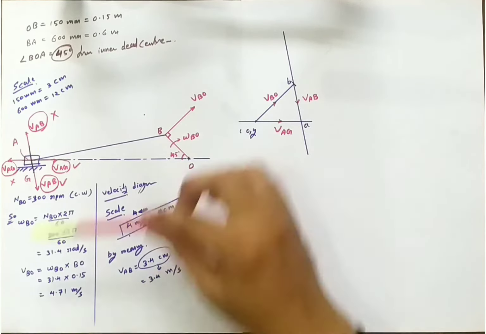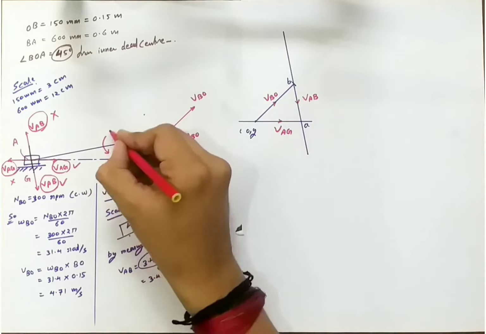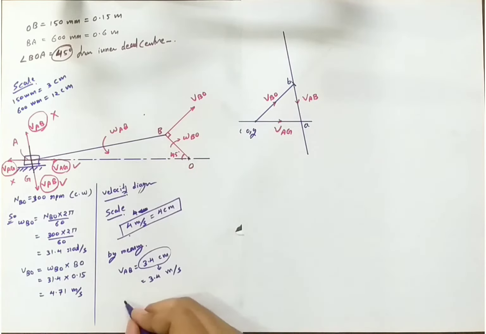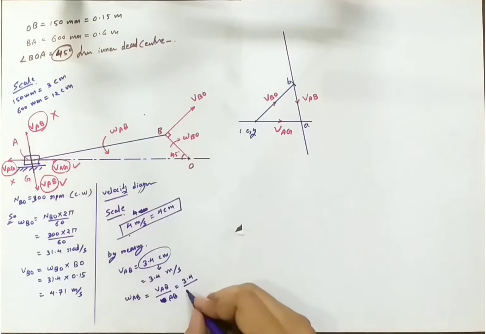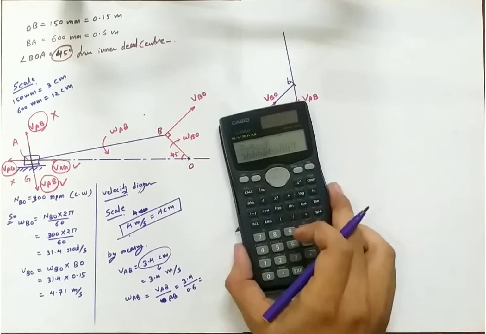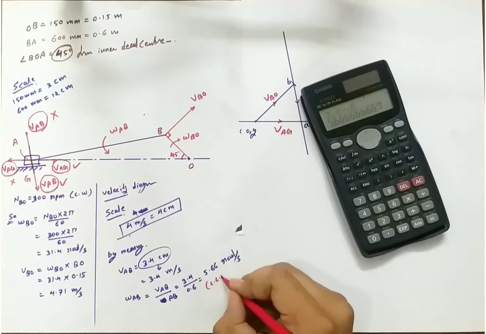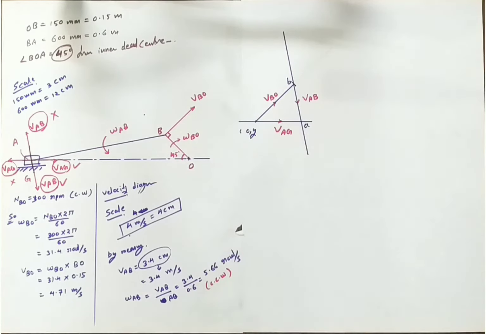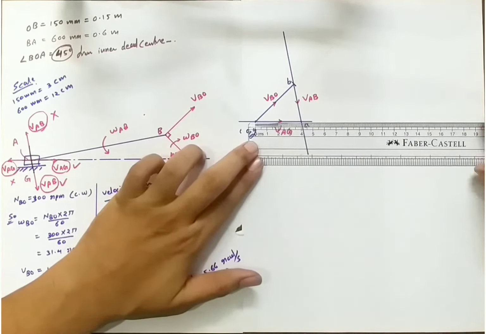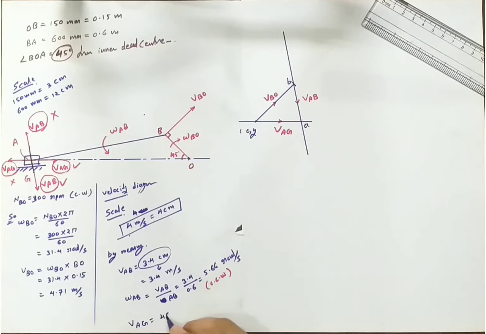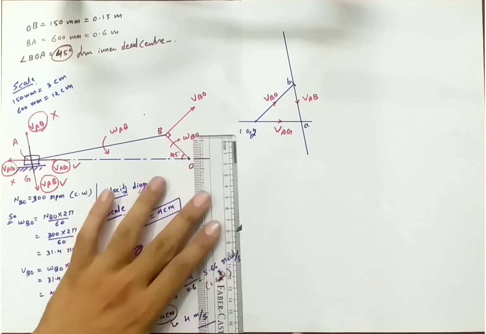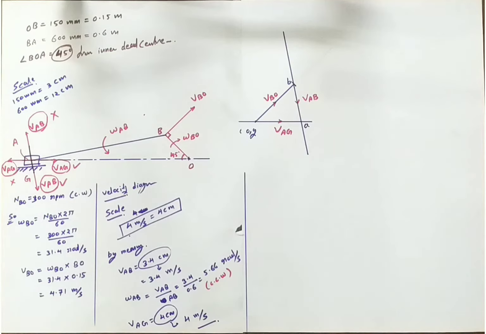According to the prediction, we got the right prediction, and omega AB is velocity per length, and that is 5.66 radian per second in counterclockwise direction. Next, that is VAG. By measuring, this is equal to 4 centimeter, so simply this is 4 meter per second. So we got all the values of the velocities of the links.